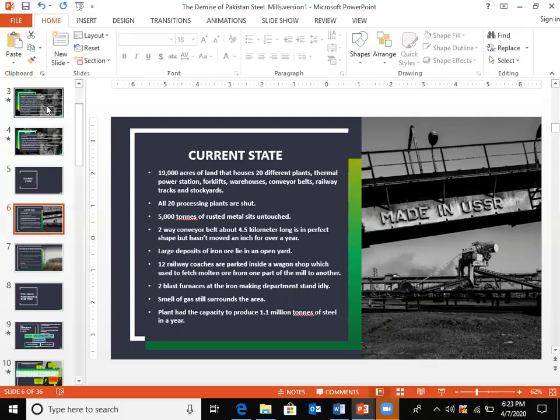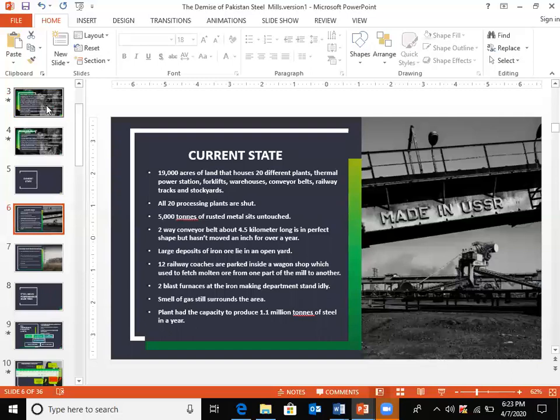We're looking at a period of about a 70-year time frame. And the fact that it started off in such a great way, it's very sad to see its current state. So again, if you go to the steel mill today, you'll see large deposits of iron ore lying in an open yard.